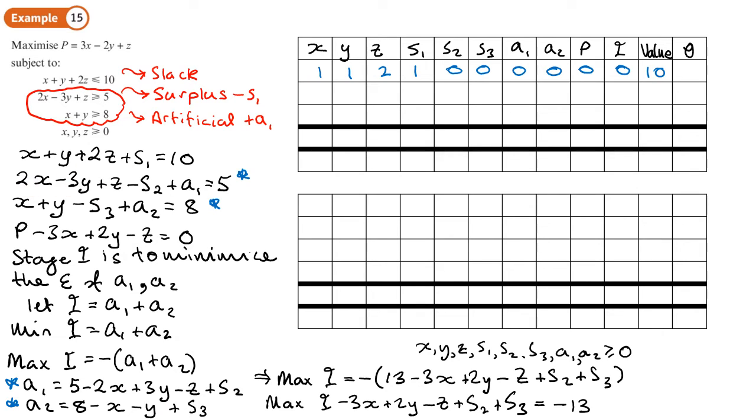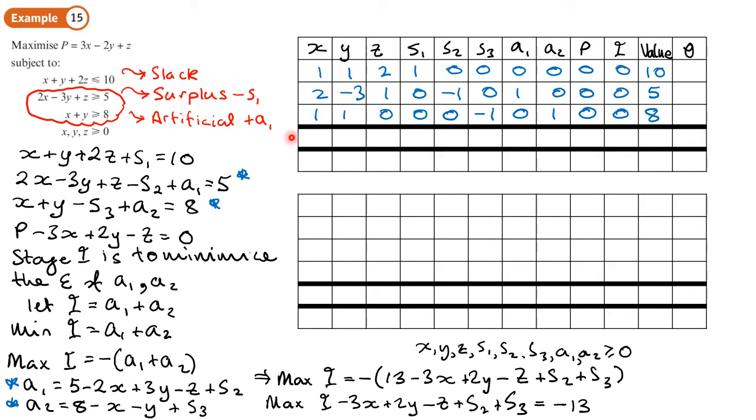Second equation here, the values are going to be 2, negative 3, 1, 0, negative 1, 0, 1, and then zeros until we get to a value of 5. Next equation here, the one that starts x plus y, so that's going to be 1, 1, and then negative 1 where s3 is, and a 1 where a2 is, and then a value of 8.